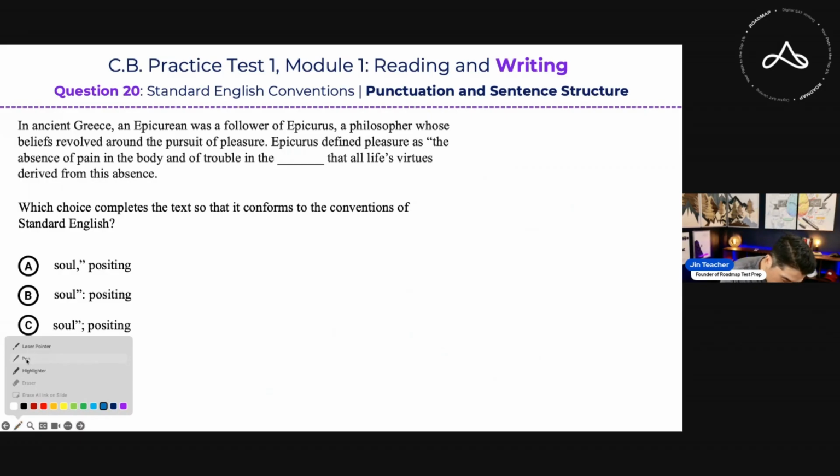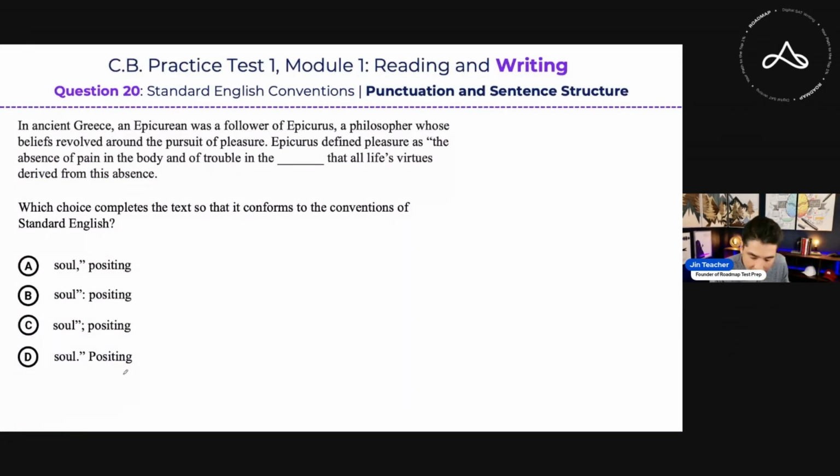Is this information clarifying, or is it expanding on what was previously mentioned? Now, in this case, can you guys all see? What do you guys think it's doing? It's definitely expanding, isn't it?